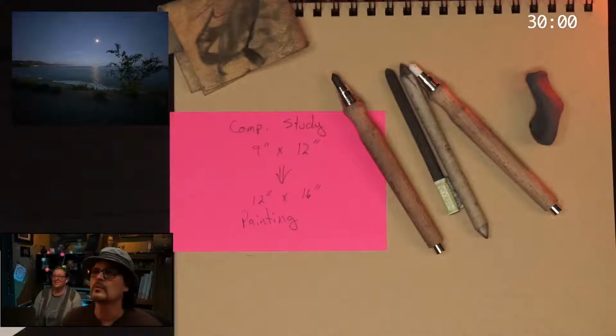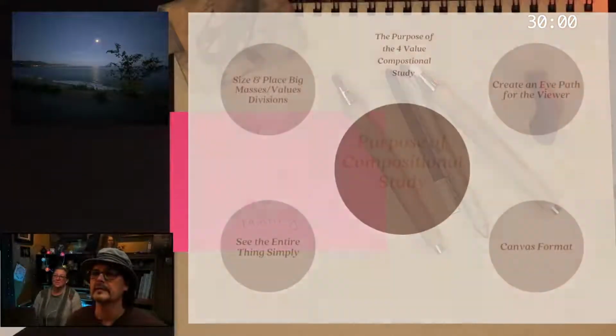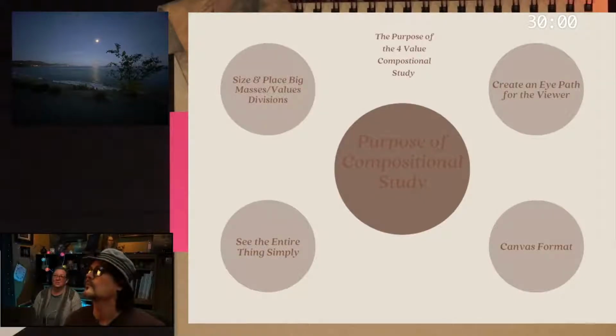All right, so let's take a quick reminder of what we're doing here. What is the purpose of our 4-value compositional study? The purpose is, one, to size and place big, let me stress big, masses, values, divisions.